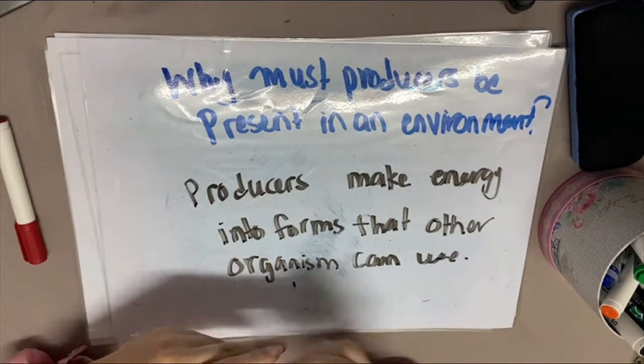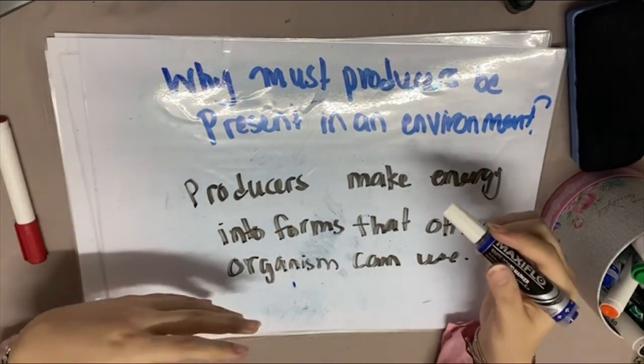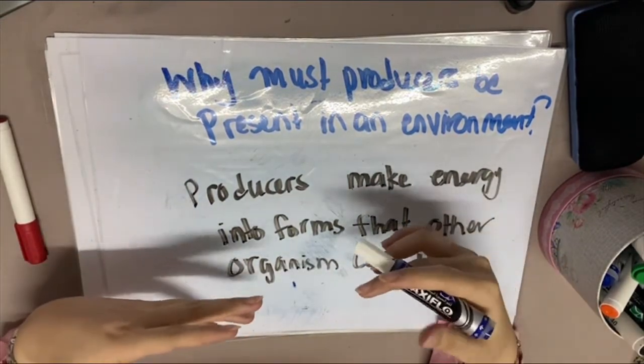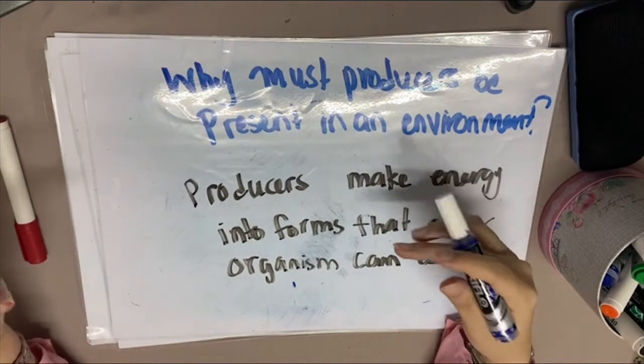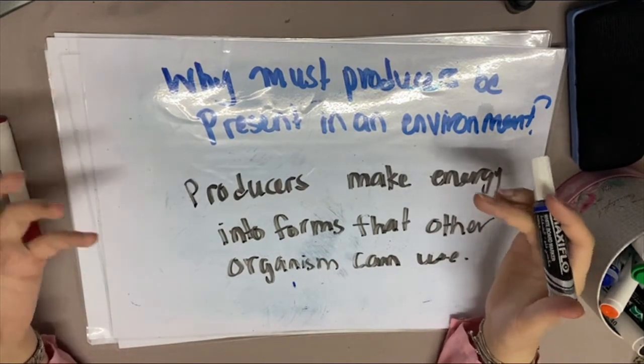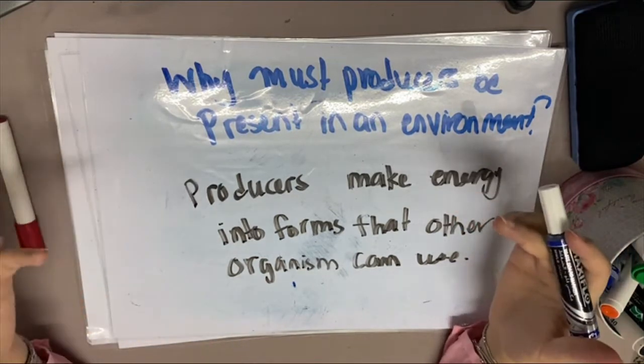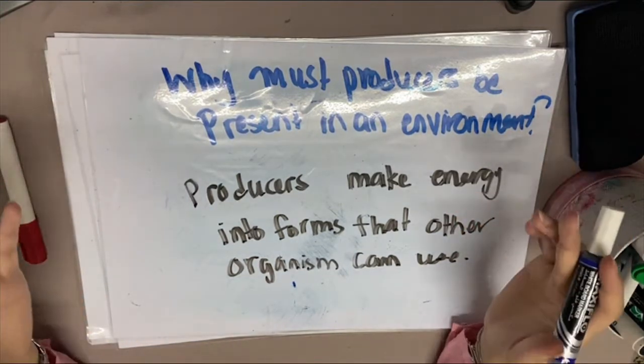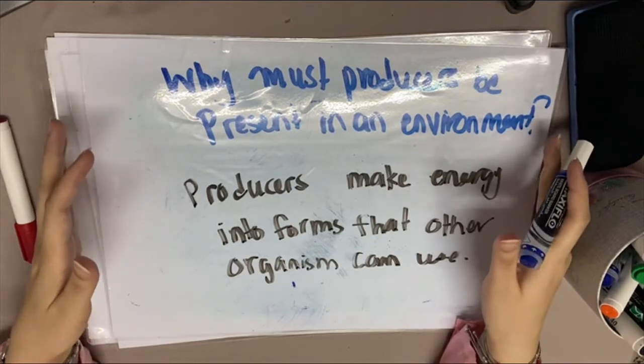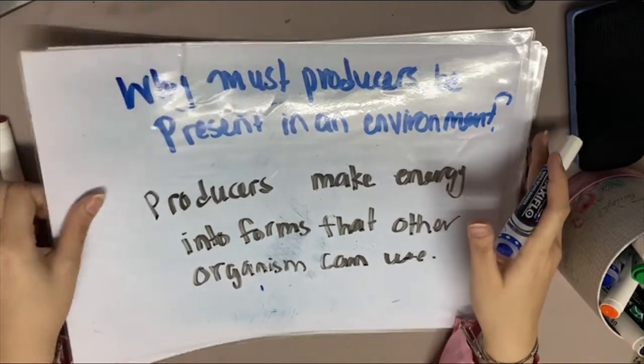So this is why we need producers, because they take sunlight energy or chemical energy to actually change this kind of energy into food. But for example, a lion or a tiger or even a human being, how would they convert sunlight energy into food? This is what producers are mostly needed for.